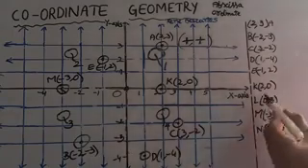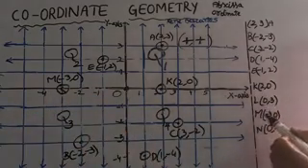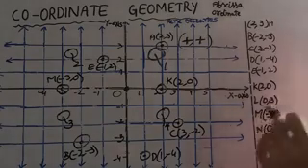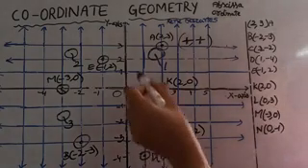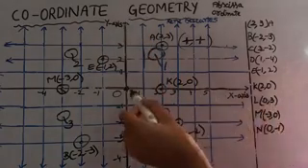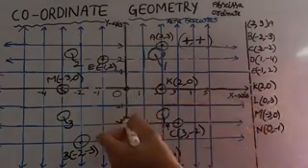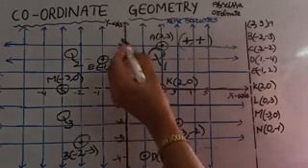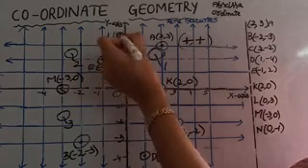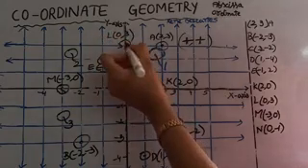Next one, here L (0, 3) and N (0, -1). Coming to L (0, 3), that means it is on the axis. The second one, (0, 3), where is it?